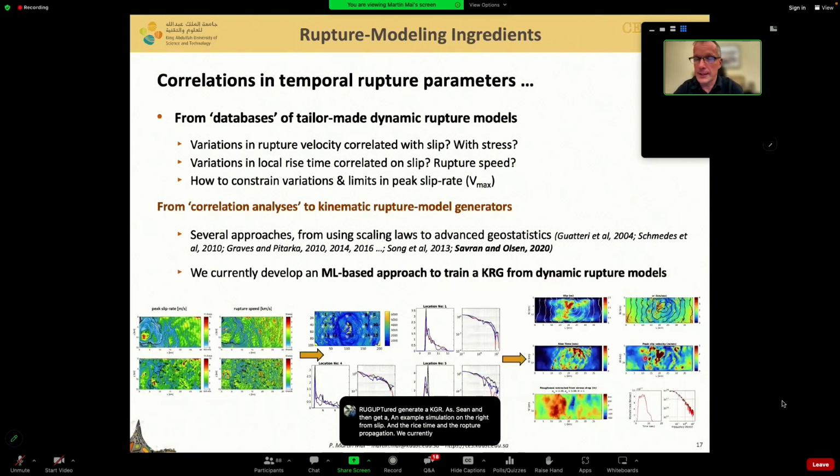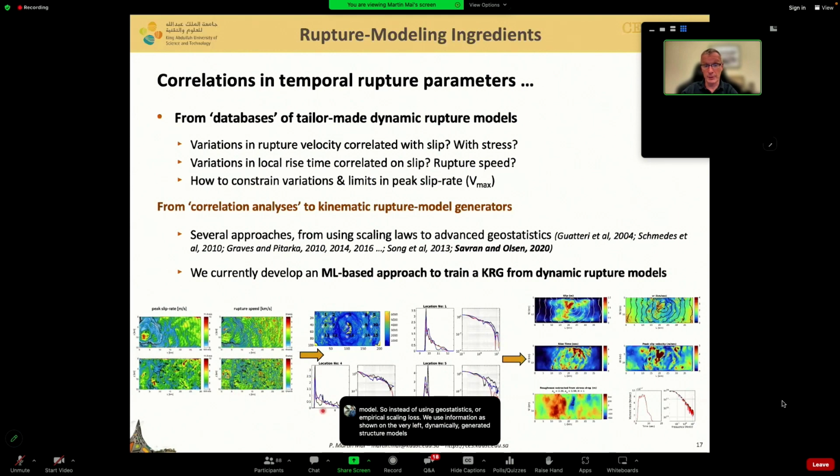Just as an outlook, we currently work on a machine learning-based approach to train such a kinematic rupture generator from dynamic rupture models. So instead of using geostatistics or empirical scaling laws, we use information as shown on the very left from dynamically generated rupture models.